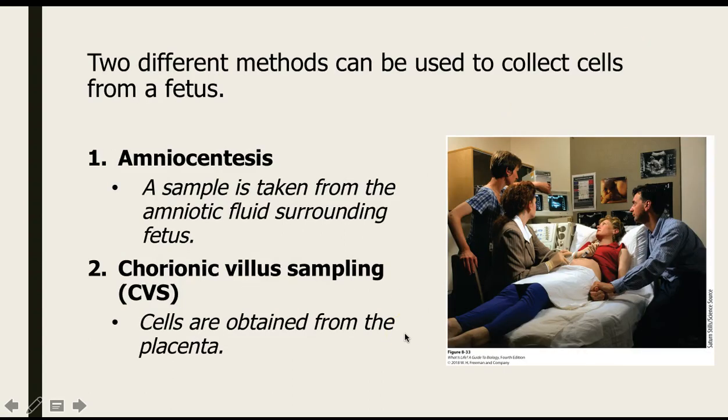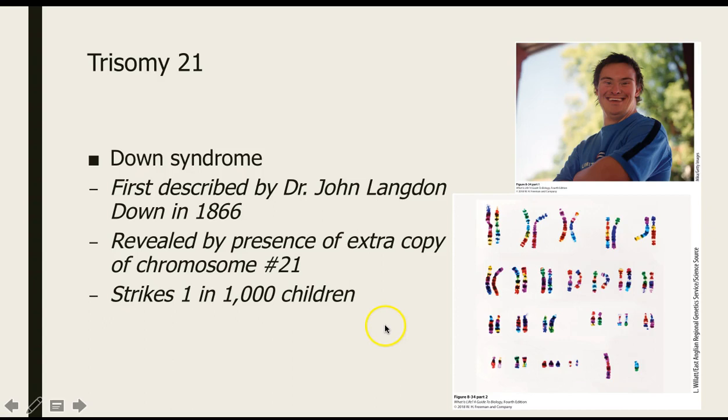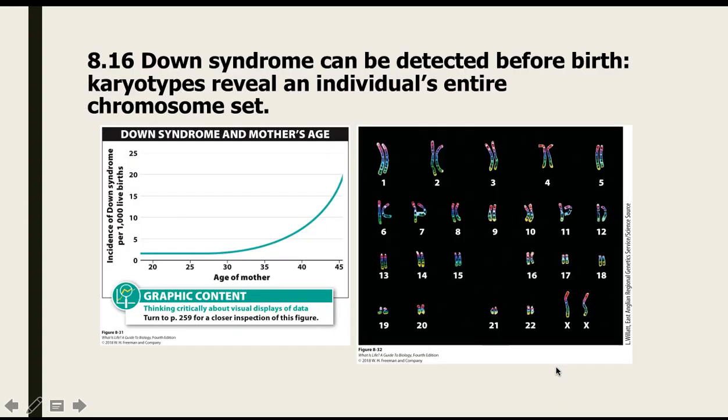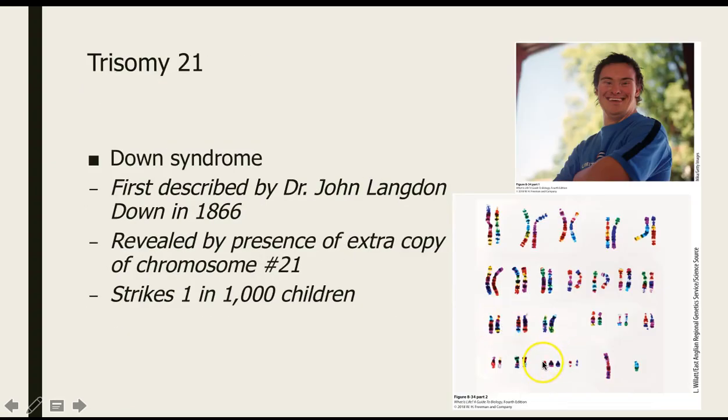There were no pictures of chromosomes back then, but we do know now that in the case of Down syndrome, there are actually 1, 2, 3 copies of chromosome number 21 instead of the normal 2 copies. So you get this extra copy of chromosome number 21.